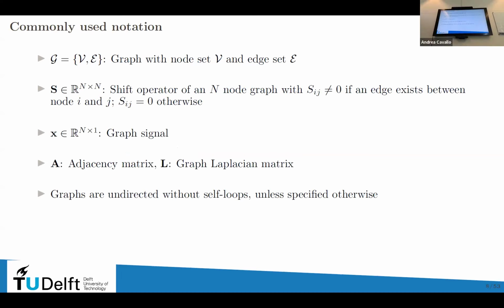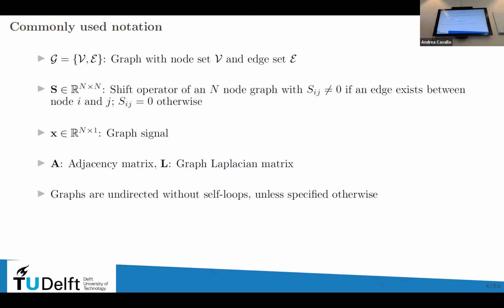Some notation. Mostly calligraphic G for graph. When we use S, it's typically a shift operator. So it's a matrix representation of pairwise interactions between the graph nodes. It is mostly sparse, so the off-diagonal elements are mostly zero, but when you have a non-zero, that means you have an edge between I and J. And when we use X, typically that's a graph signal.